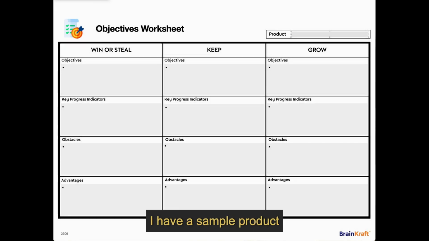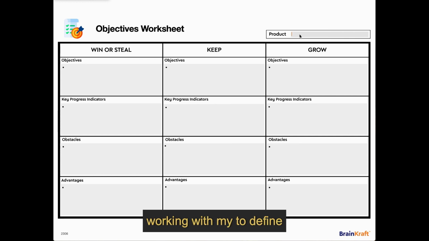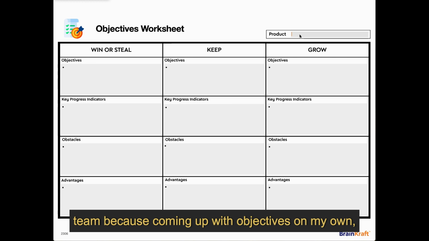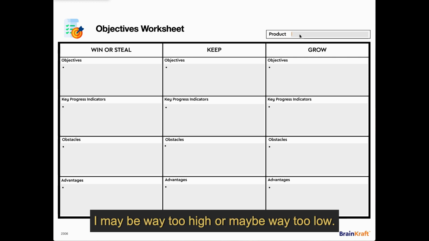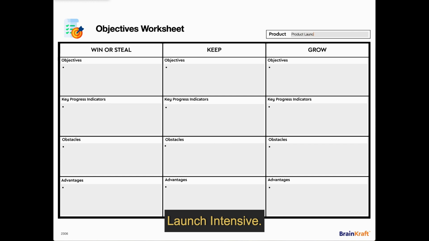I have a sample product I'm thinking about introducing, and I'm working with my launch team to define these launch objectives. I'm trying to leverage the wisdom of the team because coming up with objectives on my own, I may be way too high or I may be way too low. We are working on launching the product launch intensive program.